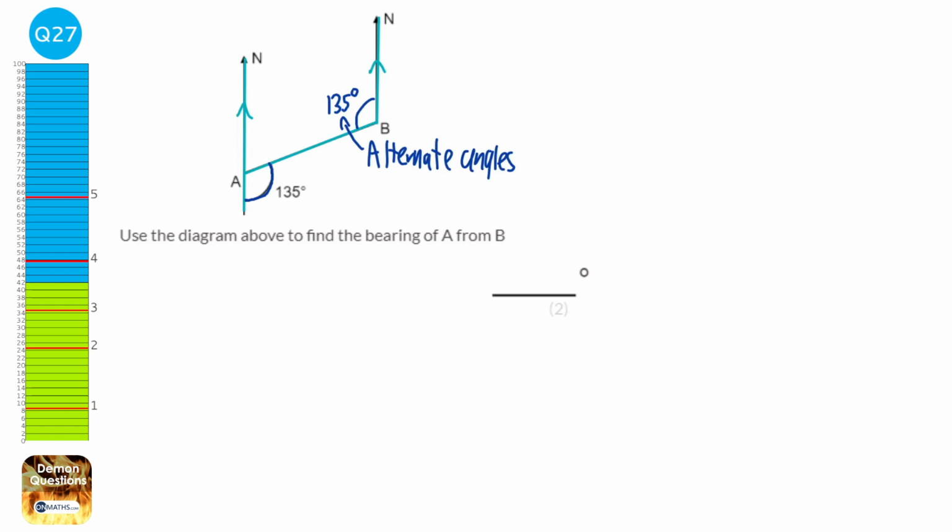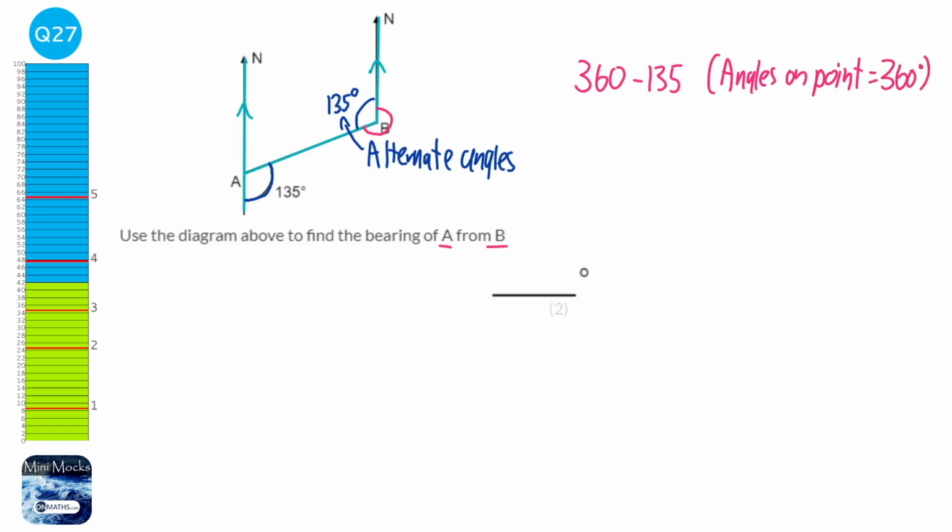So that's because it's alternate angles. And we know also that angles on a point add up to 360. So this red angle represents the bearing of A from B. And so to find this angle out, what we're going to do is just 360 take away 135. And the reason for that is angles on a point equal 360 degrees. And when we work that out, we get the answer of 225. So our bearing is 225 degrees.